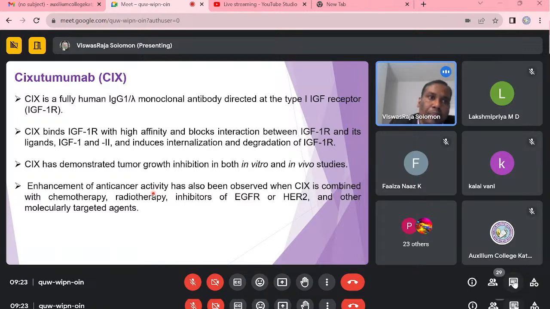If we treat the same patient with cixutumumab, they will get most of the benefit from this treatment. In the literature, it has demonstrated anti-cancer activity in in vitro and in vivo studies. When we did combination studies with another chemotherapy or radiotherapy, they got a beneficial effect based on synergistic and additive effects.